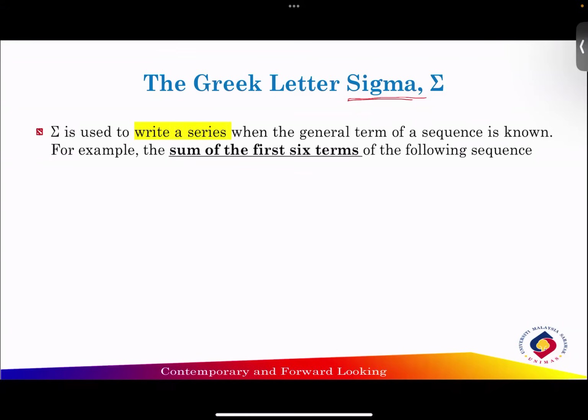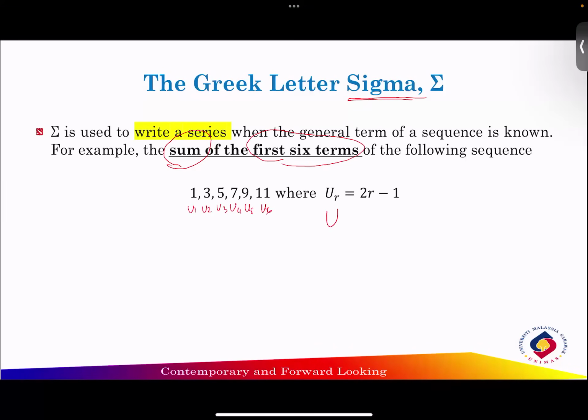For example, the sum of the first six terms of the following sequence: 1, 3, 5, 7, 9, 11, where u_r is equal to 2r minus 1. So this one is your u1, u2, u3, u4, u5, u6.